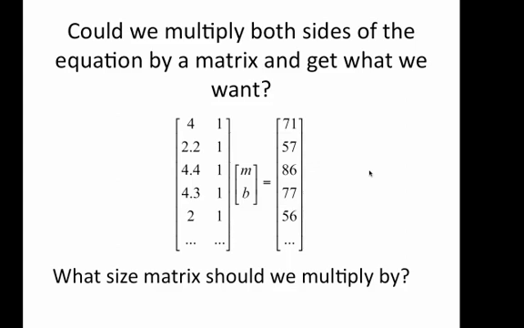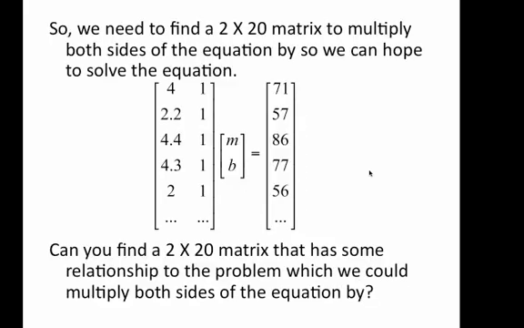Yes, what we need is a 2 by 20 to multiply both sides of the equation by. That way the 20 in the center and this 20 match, meaning we can multiply, and our result will be the 2 by 2. Do you remember how we do it? Showing that we'll end up with a square matrix of 2 by 2.